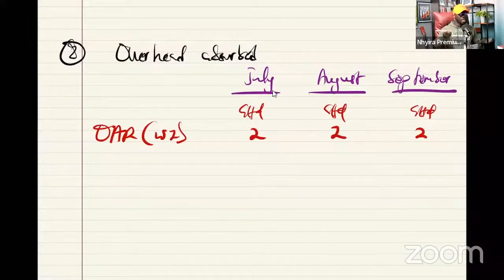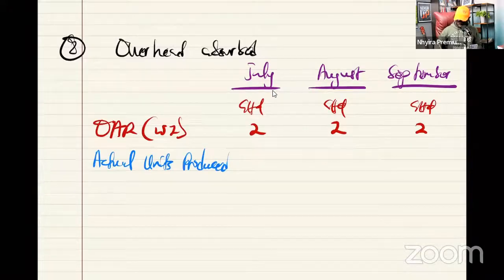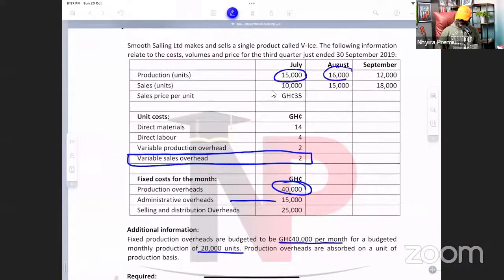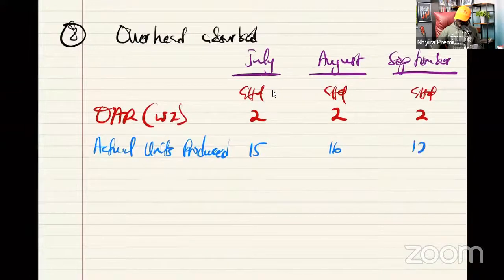Then we bring in the production units, because remember, we absorbed the overheads by multiplying the rate by the actual production units. So actual units produced, going back to the question, 15, 16, 12.